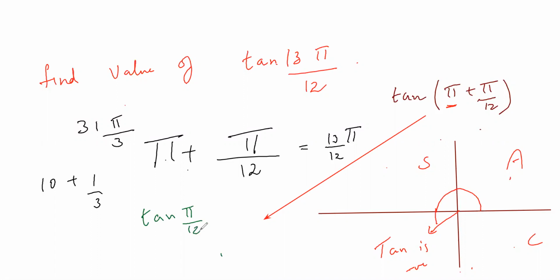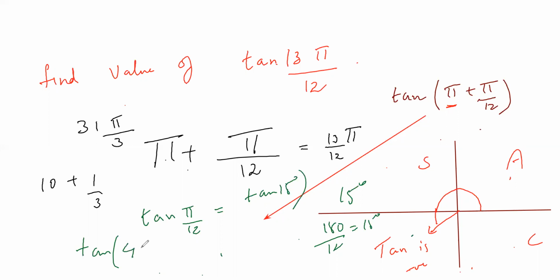And what is my pi by 12 value, guys? 15 degree. 180 by 12 is 15 degree. So I'm writing here tan 15 degree, right? And this tan 15 degree is tan of 45 minus 30.